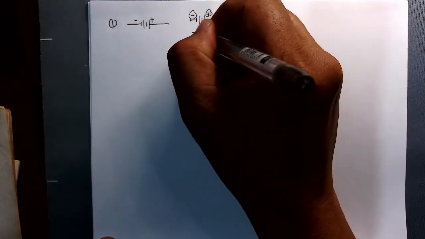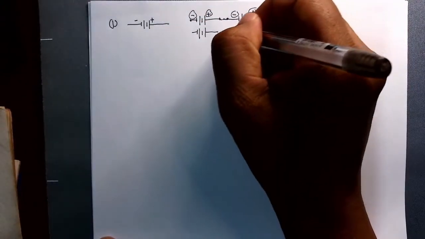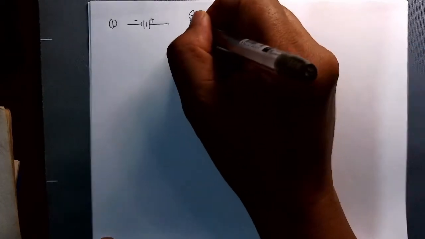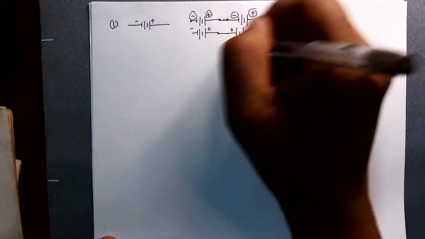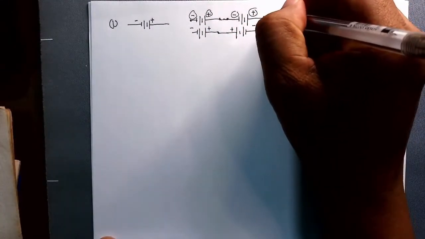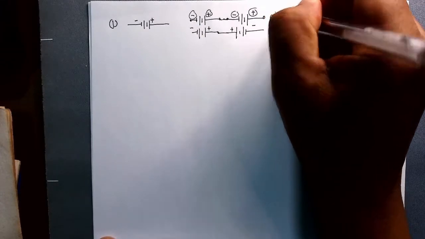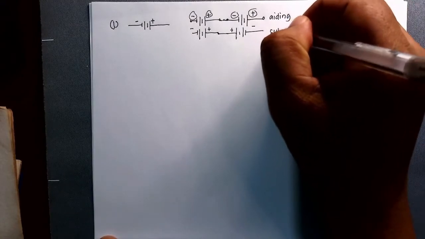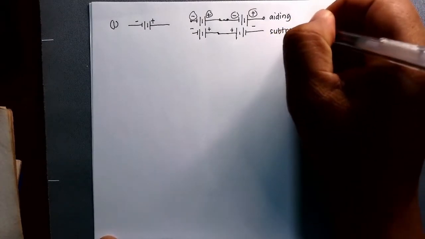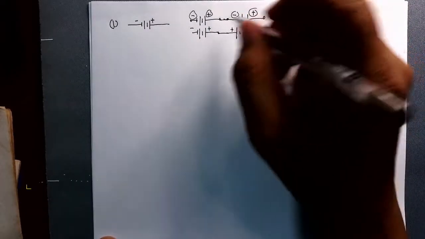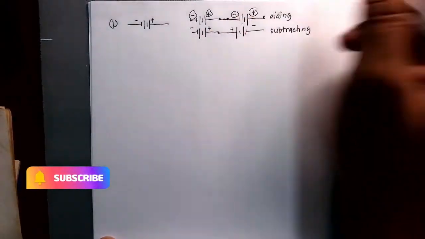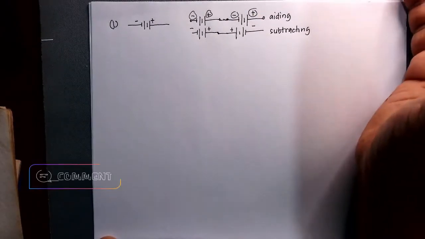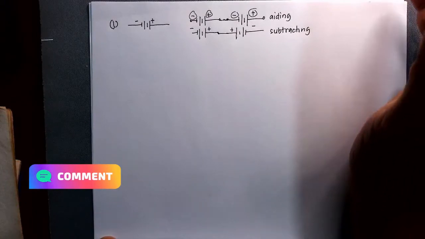But if you are going to connect this battery like this one, wherein this is positive and this is positive, negative, negative, this will be subtracting. This one is aiding, so you just add the two voltage sources, and this one is subtracting, so you just take the difference of the two sources. So that's how you have it connected in a direct current source.